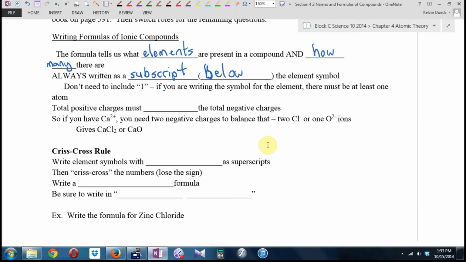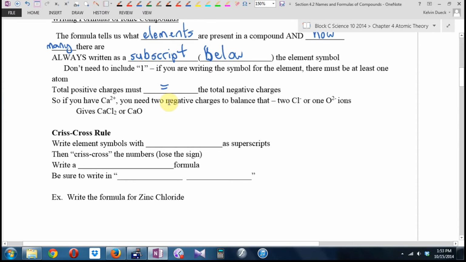The total number of positive charges has to equal the total number of negative charges. So if you have calcium, which has a charge as an ion of 2+, that means you better have 2 negatives. You can use 2 chlorines, which each have -1, or 1 oxygen, which has -2, and you would get CaCl2 or CaO.